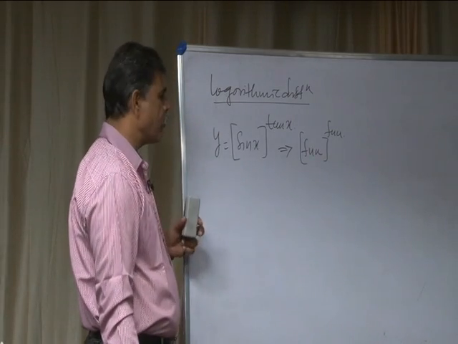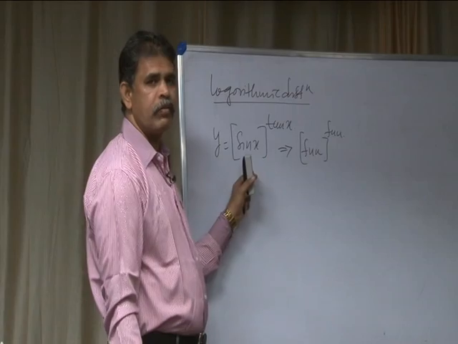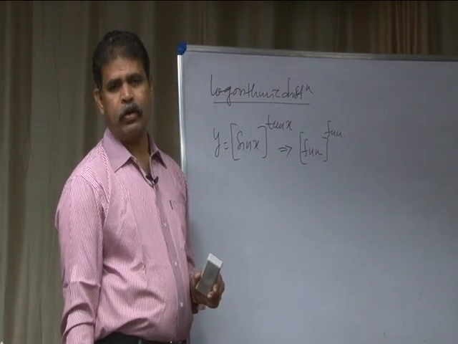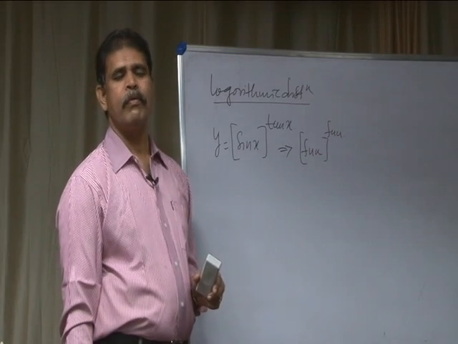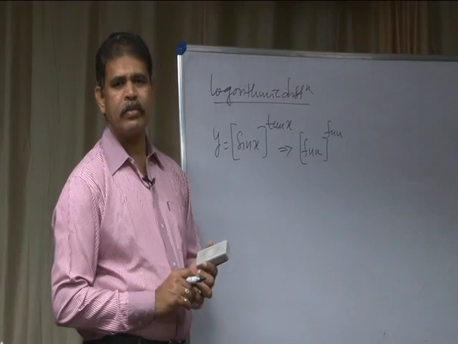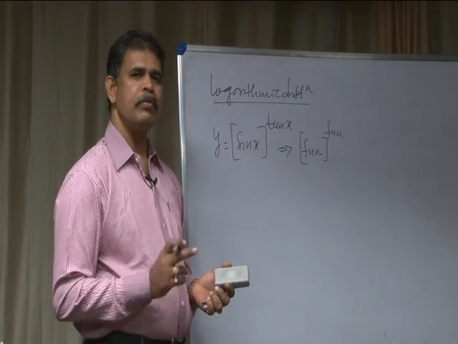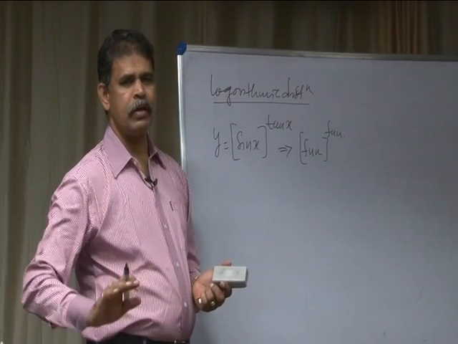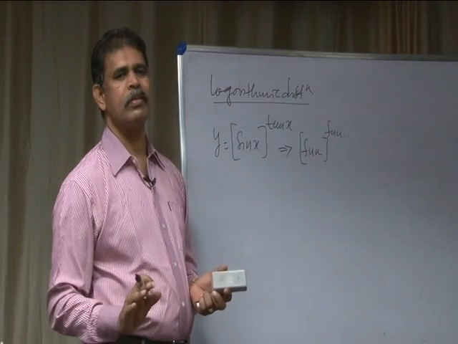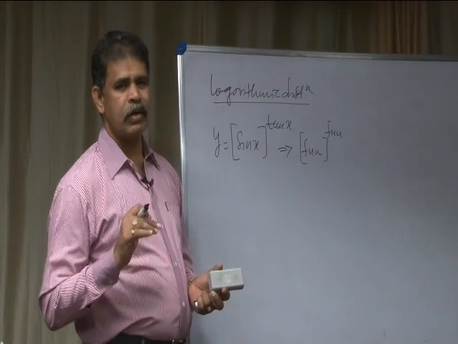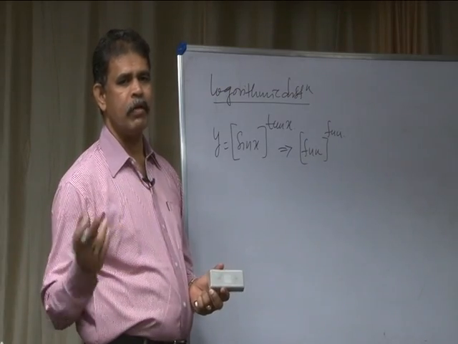So, hence we have to reduce this given function into differentiable form. To get the differentiable form, we have to use the laws of logarithm. Using laws of logarithm, we reduce the given function into differentiable form, then we find the dy by dx. That is the differentiation of logarithmic functions, or we can say logarithmic differentiation.